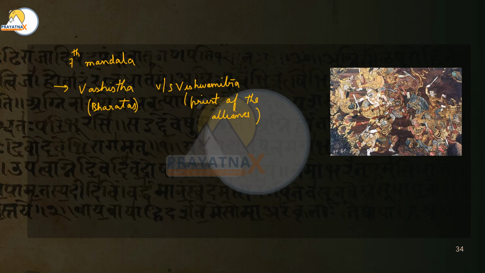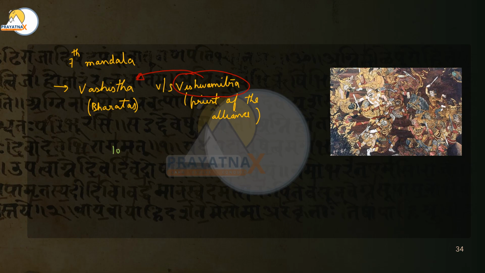Now, Vishwamitra organized a confederacy against Sudas. Now, in this battle itself, Sudas, the son of Divodas and Bharata, the king of the Tritsu family, won over an alliance of 10 tribes.